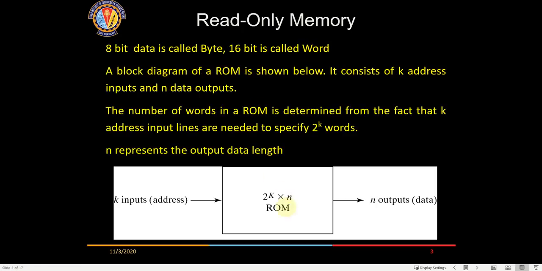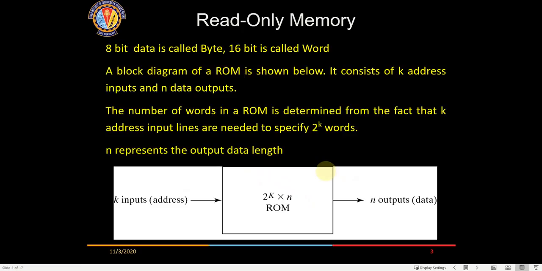Now the block diagram of a ROM is shown here. You have an input address. Once the input address is given, it will decode it and select one of the lines. How many lines will be there? 2 to the power of n lines. Each line will have one data available.